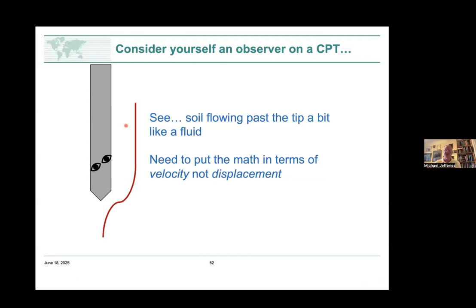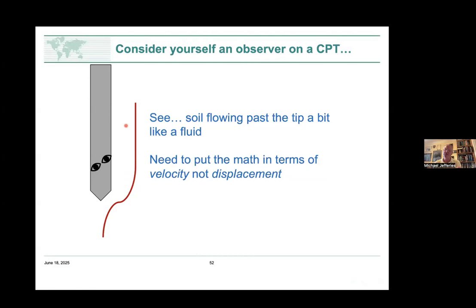Remember, you're going down with the CPT, but it'll be like a fluid flowing past the tip. So you would describe this in terms of velocity and perhaps rotations of that velocity field. You wouldn't use displacement. But that's the problem, because in our geomechanics, everything is posed in terms of displacements.